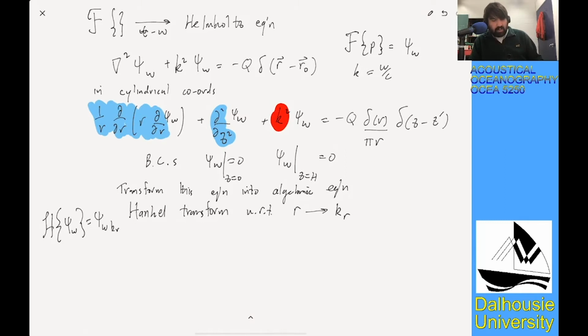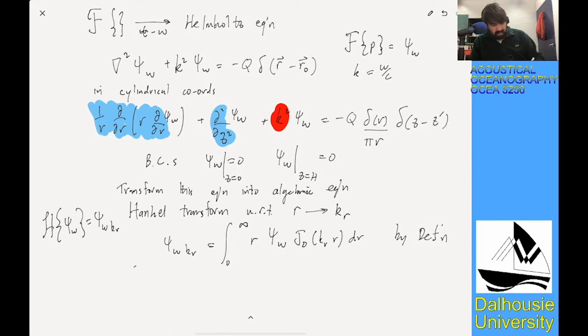Is going to be psi omega kr. So psi omega kr. Now the definition, okay? R times psi omega, and then the Bessel function, 0th order, kr dr. There you go, okay? And I'll just put by definition in case you worried that I just came up with this somewhere.